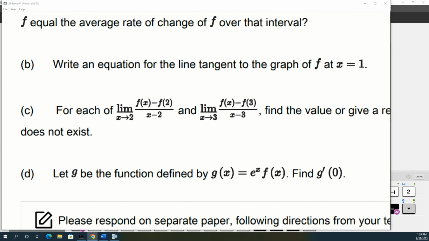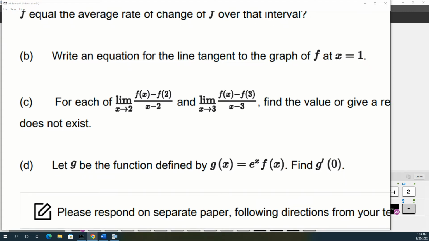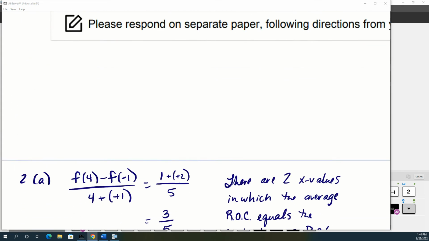All right, then for C. So we have two limits. Now, these are both derivatives in disguise. So this one is asking you to find f prime of 2, and this one is asking you to find f prime of 3.